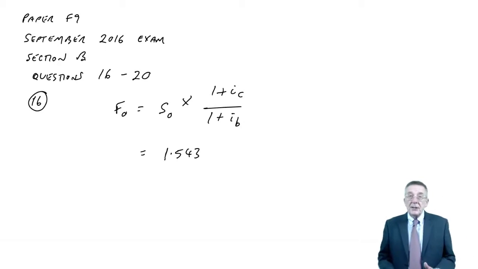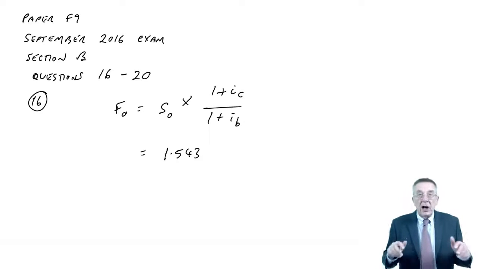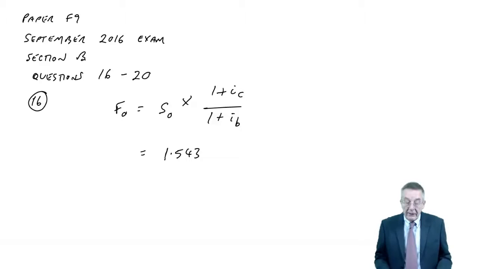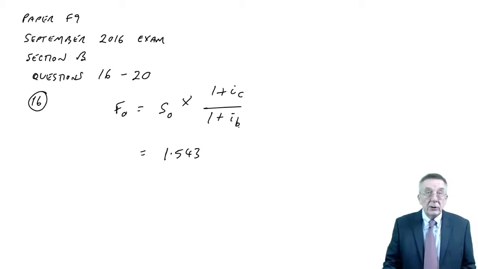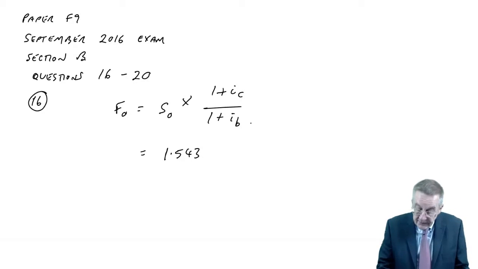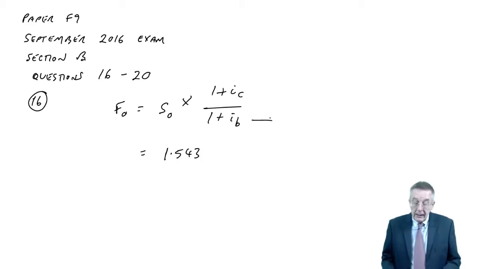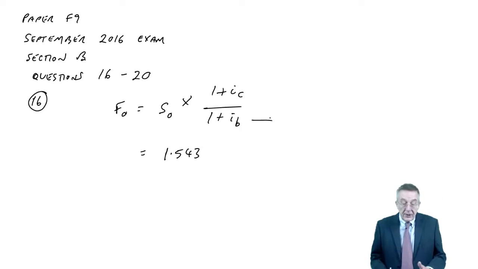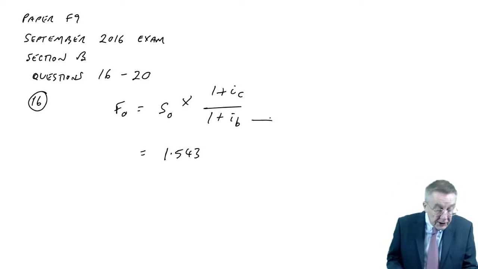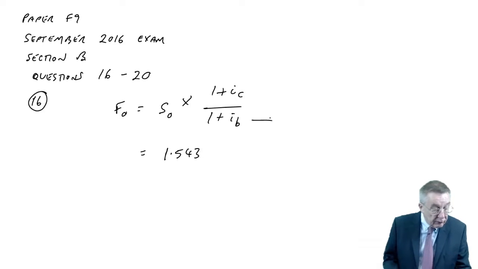Because it's quoted against the dollar, I call dollar what you might call the base currency, IB. I don't know why they've got the symbols B and C, but since the dollar is in that sense the base currency, we want the dollar interest rate, and the dollar interest rate is the domestic rate.